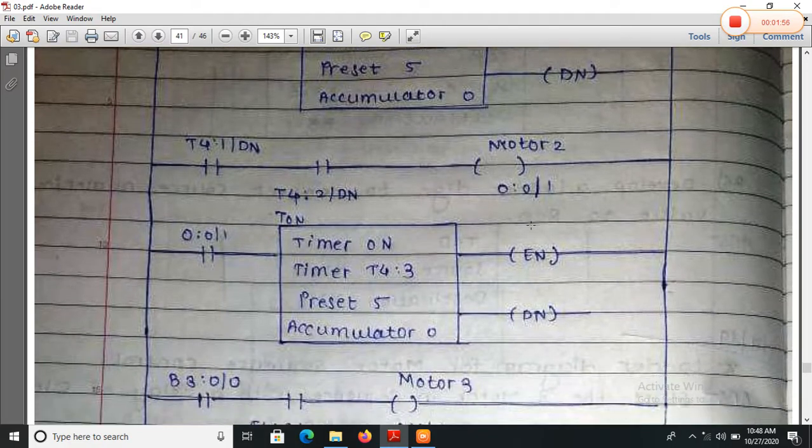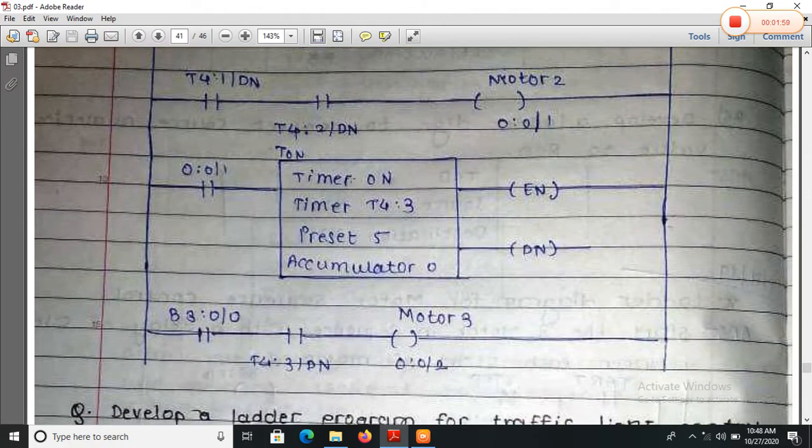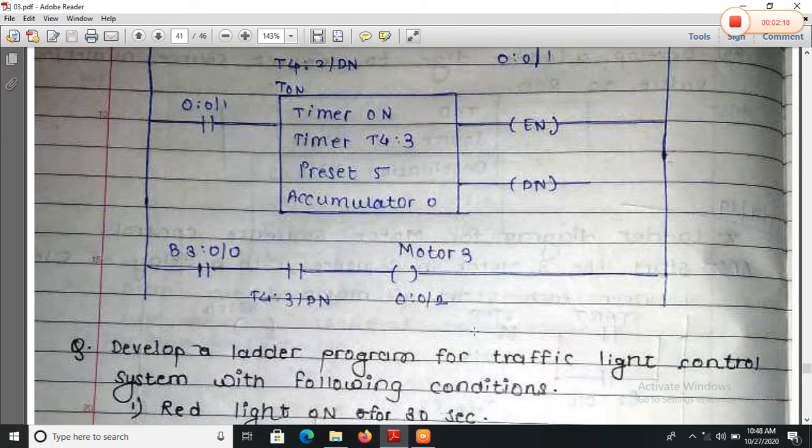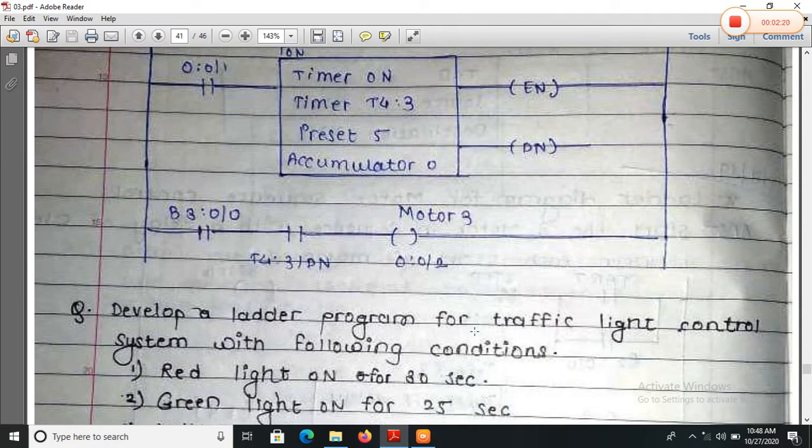Now when motor 2 is on, it will turn on the third timer, that is timer 4/3. Here the accumulator value is increased from 0 to 5. Now when the accumulator value reaches 5, it will turn on motor 3. Here the motors started in sequence with a delay of 5 seconds.